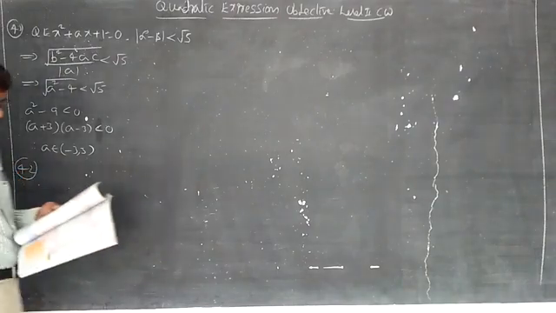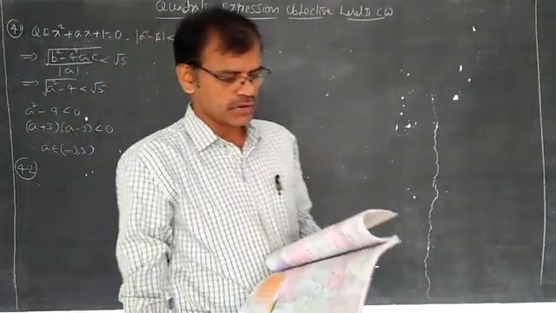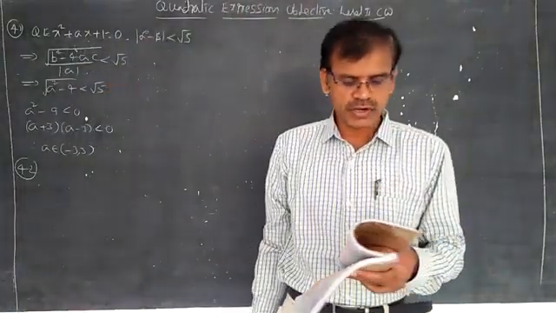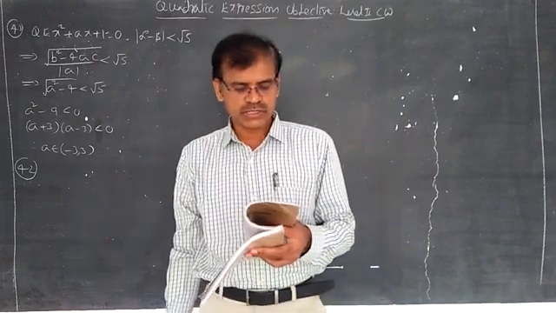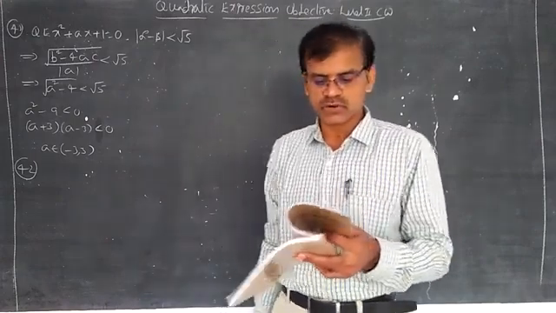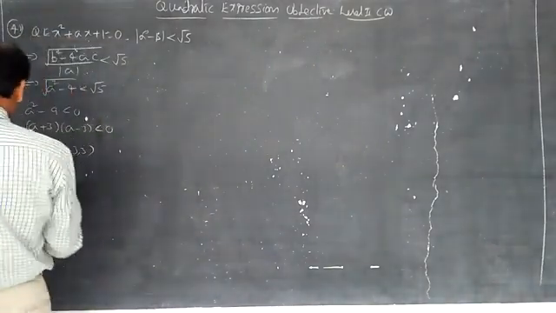Now, 42nd question. The greatest negative integer satisfying the two quadratic inequalities x square plus 4x minus 77 less than 0 and x square greater than 4.